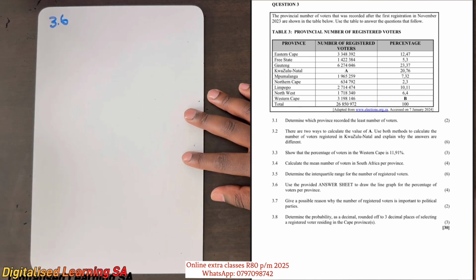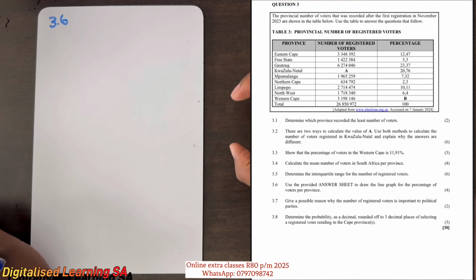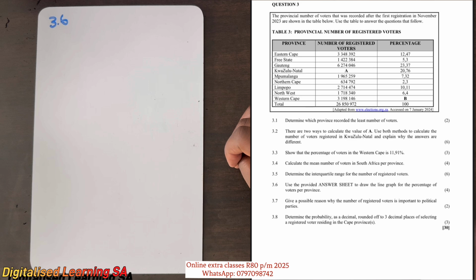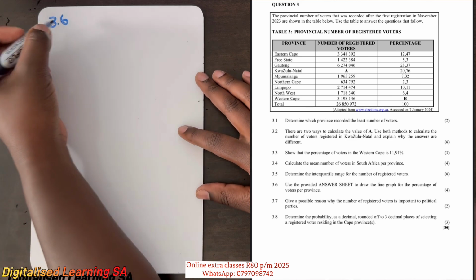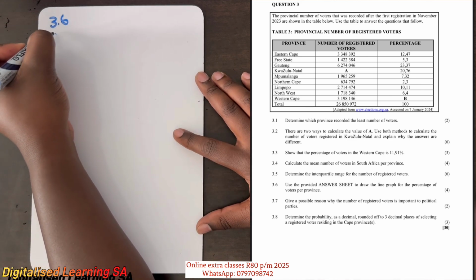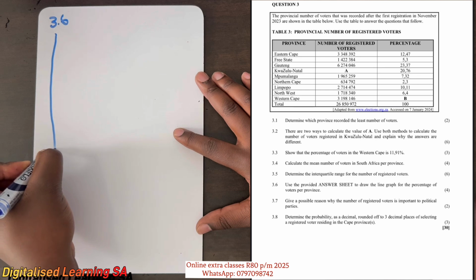Question 3.6 is: use the provided answer sheet to draw the line graph for the percentage of voters per province. For the percentages, meaning that we are going to use the percentages column. So we will just draw our line graph here.